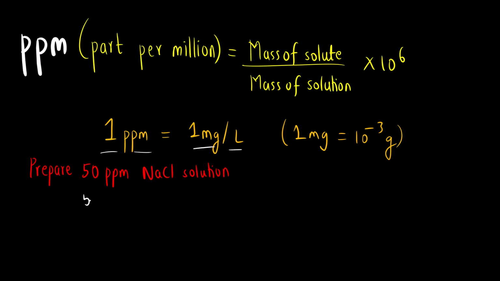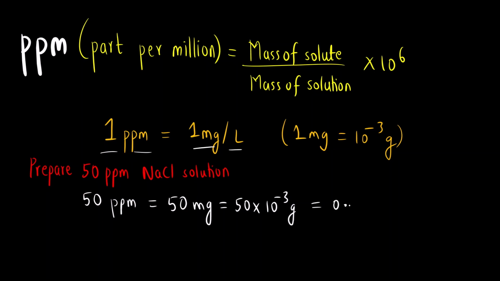So how much will be 50 ppm? 50 ppm will be 50 milligram in 1 liter. 50 milligram you will weigh. How much is this? 50 into 1 milligram, which is 10 raised to minus 3 gram. This will be 0.050 grams. This many grams of NaCl you will measure and dissolve in a volumetric flask of 1 liter.